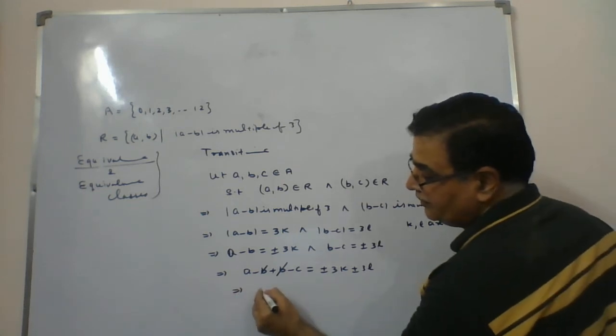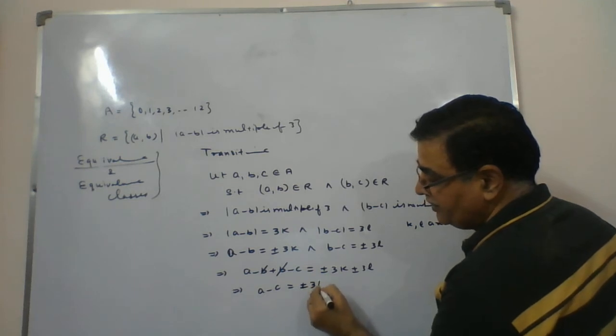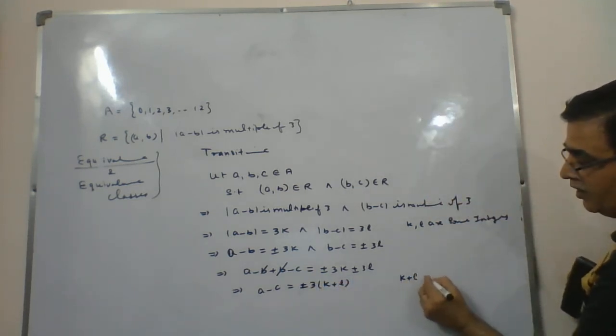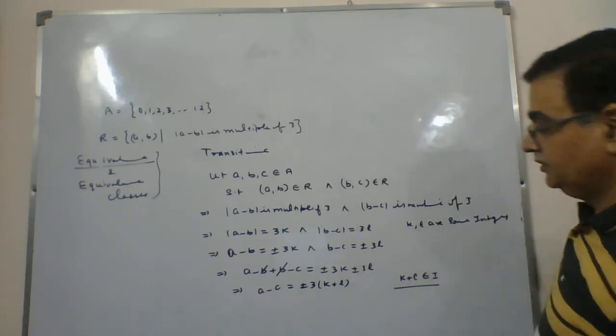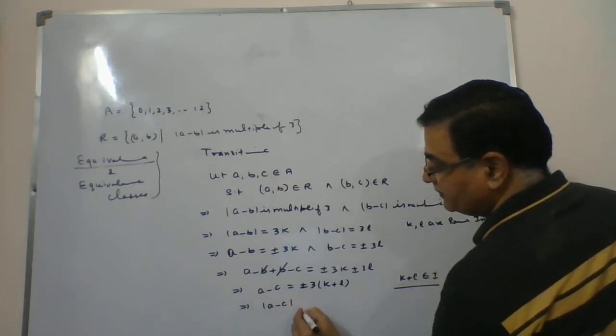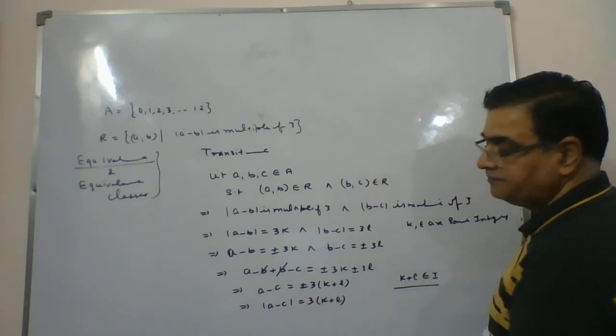Then I should write A minus C is plus or minus 3 times (K plus L). K plus L also belongs to integers. Sum of two integers is another integer. So in this case, this implies modulus of A minus C is 3 times (K plus L).